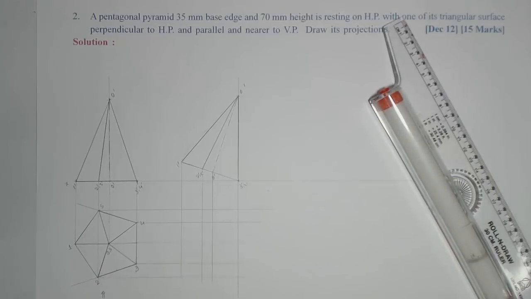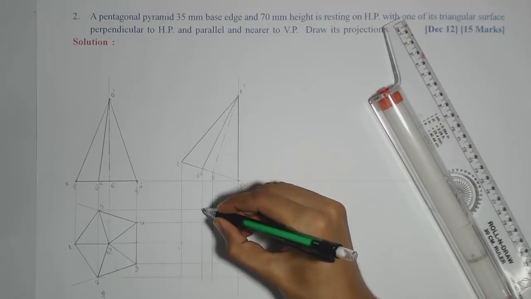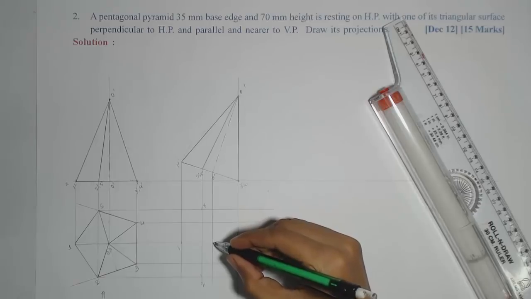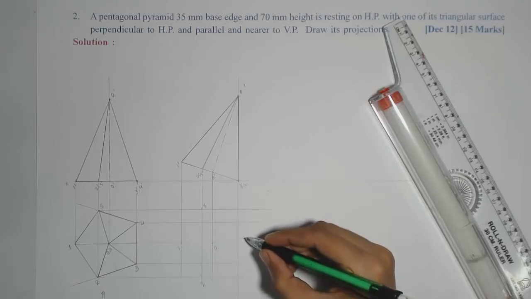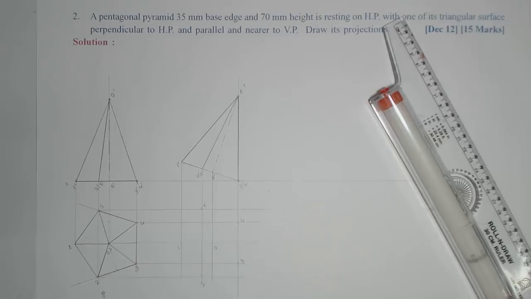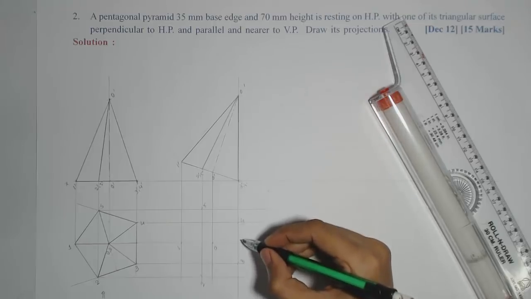Now marking the corresponding points 1 dash, 1 and 1, 2 and 5, so 5 will be here, 2 will be here, then O dash, so O will be here, 3 and 4, so 4 is here and 3 is here. Again the apex will be here.